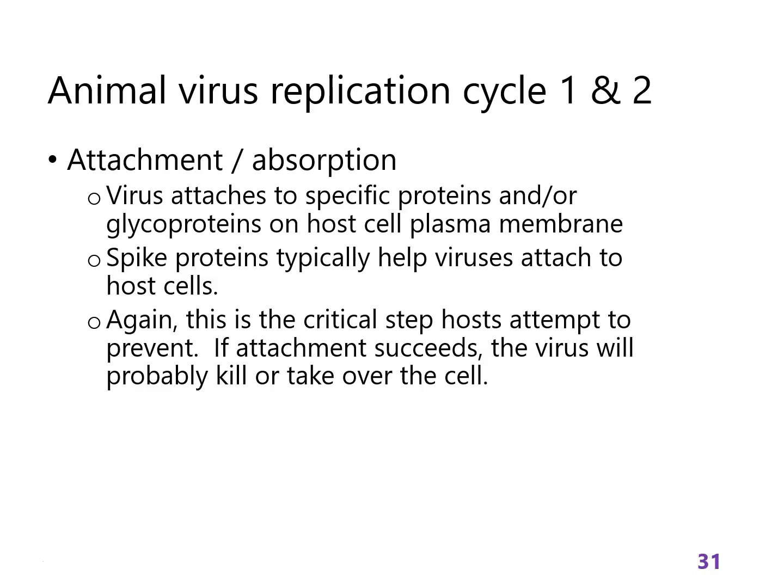And so it can't be overstated how important this step is, because this is what determines which kinds of cells a virus can infect. So one clear example is the SARS-CoV-2 virus that causes COVID-19. It can infect any cell in the body that expresses the ACE2 protein on its surface.